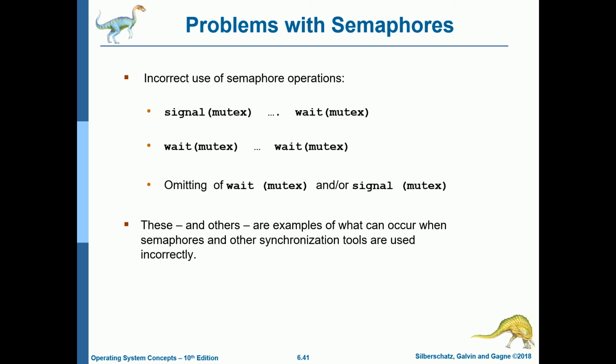In this case, either mutual exclusion is violated or the process will permanently block. These are just some examples that illustrate the various types of errors that can be generated very easily when programmers use semaphores or mutex locks incorrectly.